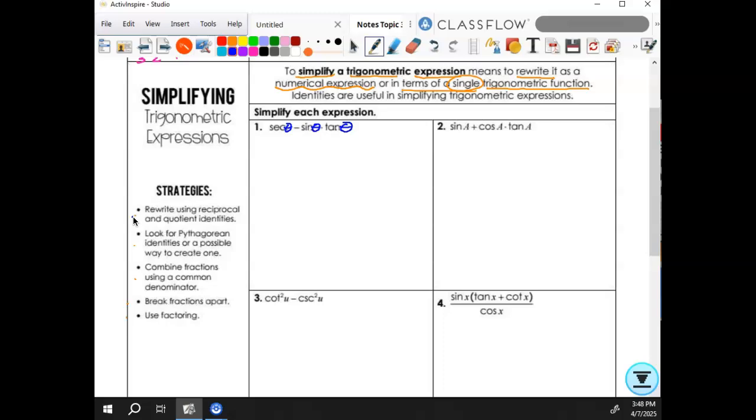But if I decide to put everything in terms of sine and cosine, then I know that secant theta would be 1 over cosine theta, minus, and I'm going to leave sine theta, multiplied by tangent, which is sine over cosine.